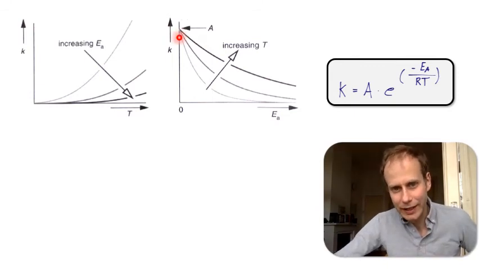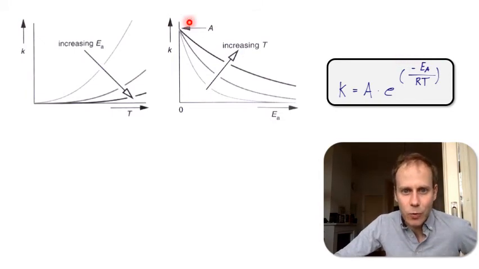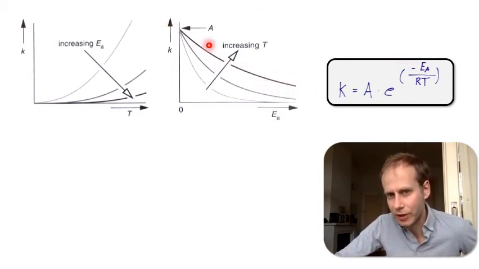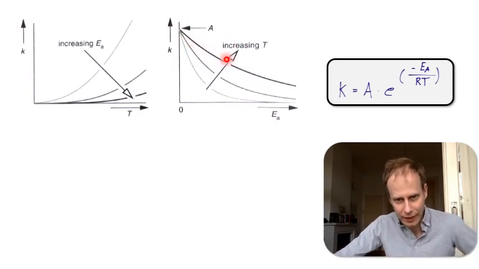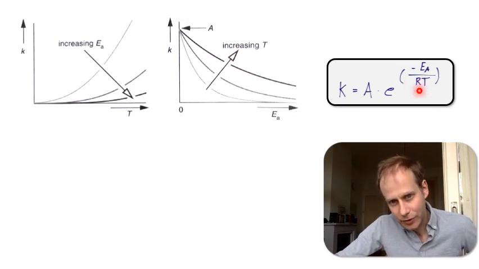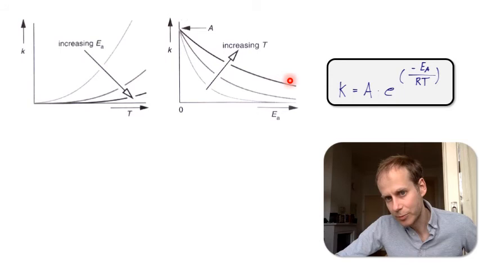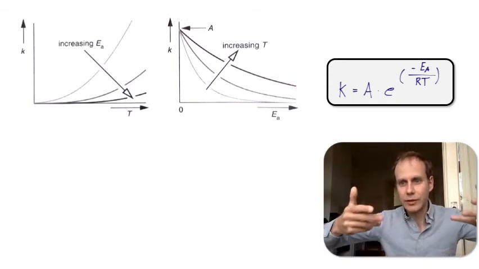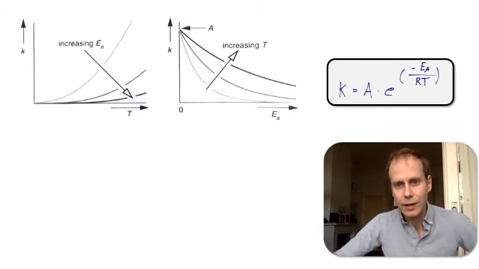Now I plot k against the activation energy, and one curve is for constant temperature, but the three curves are for increasing temperature. For instance, here is the highest temperature, this black curve. If I have a constant high temperature and I increase the activation energy, then the rate constant becomes smaller and smaller, because with higher activation energy, fewer collisions will overcome the activation energy.